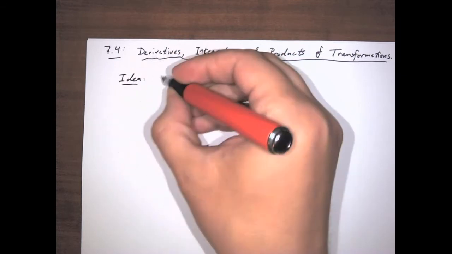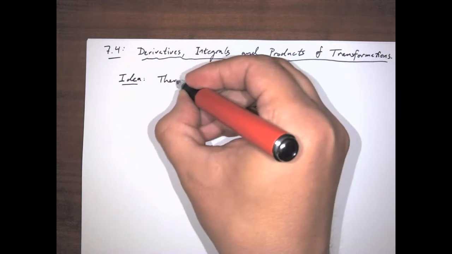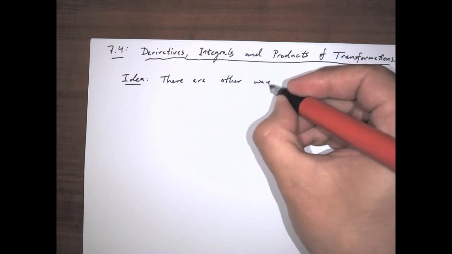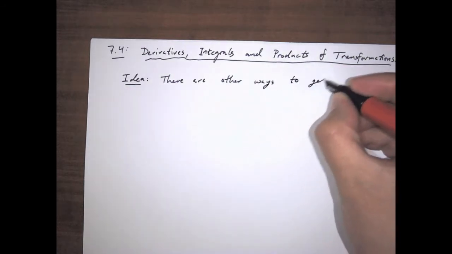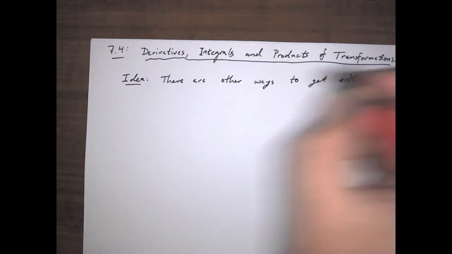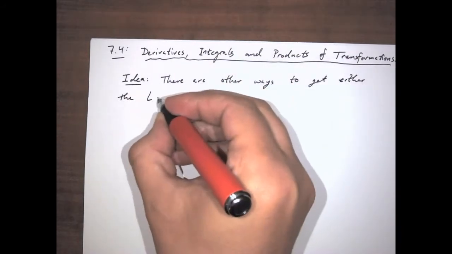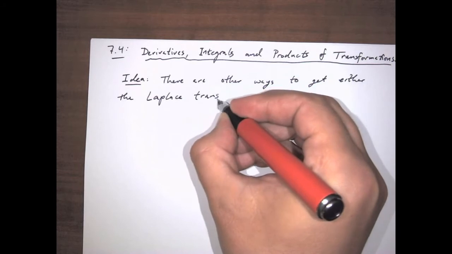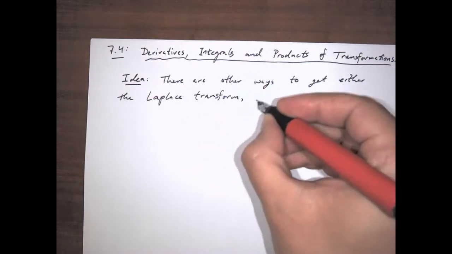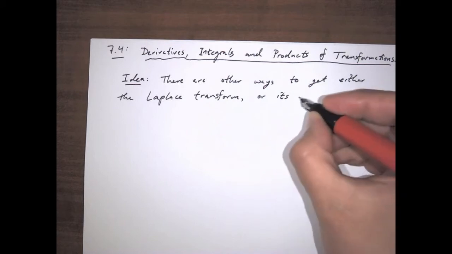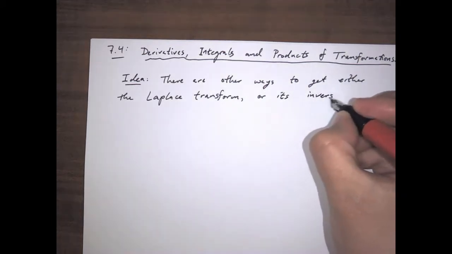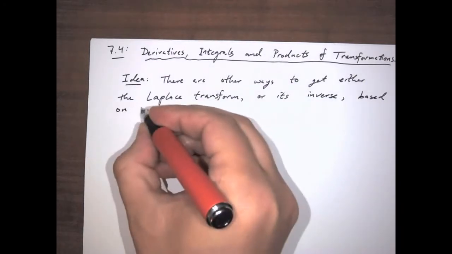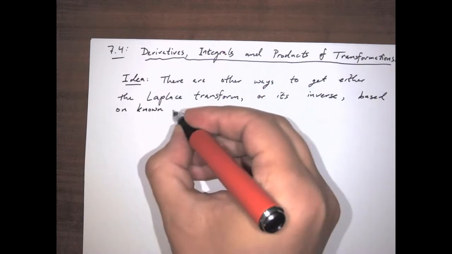So the idea here is there are other ways to get either the Laplace transform or its inverse based on known functions.